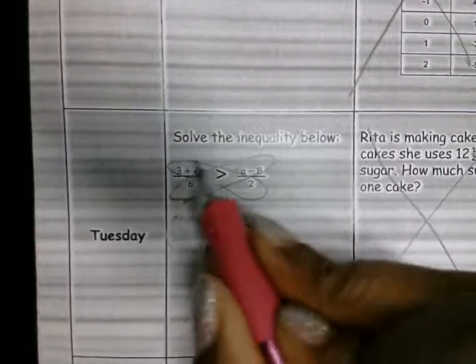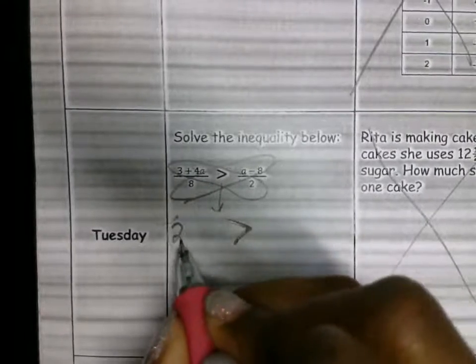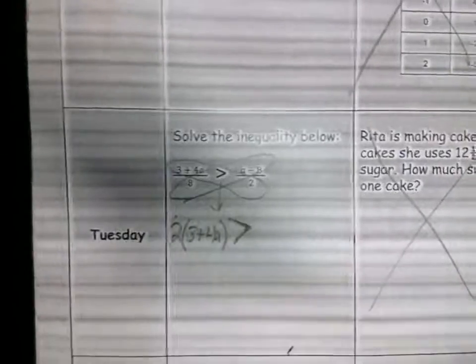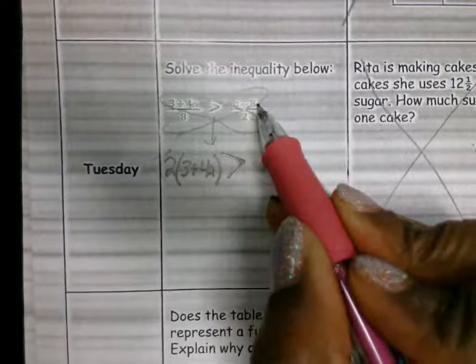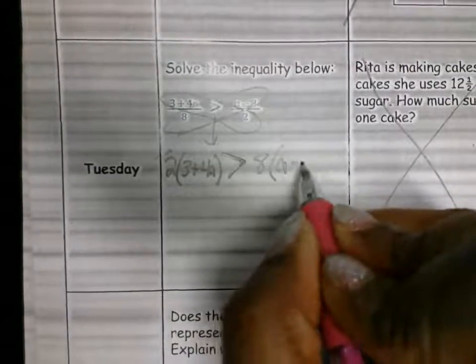This mouth is open to this side where there's 3 plus 4a. On the opposite side, we've got a minus the 8. We're going to say 8 times a minus 8.